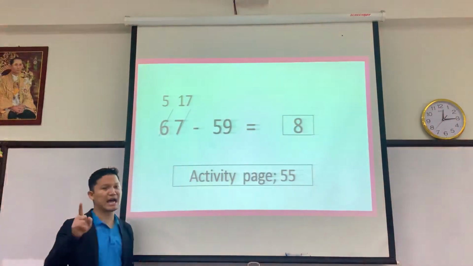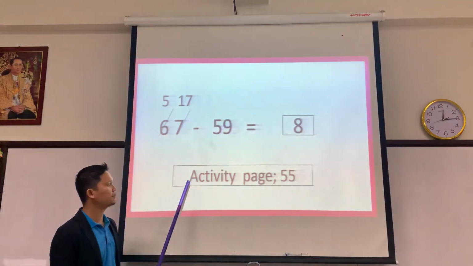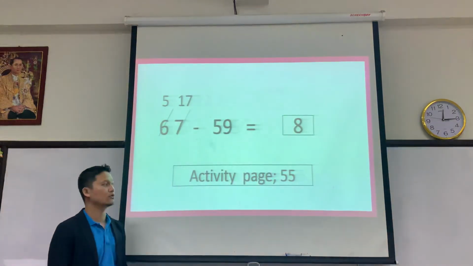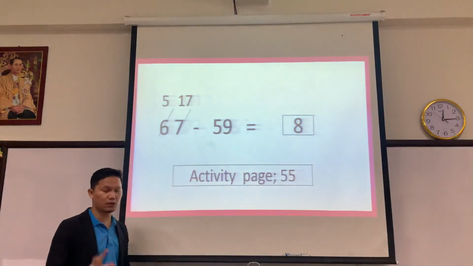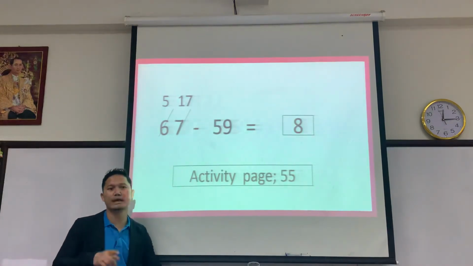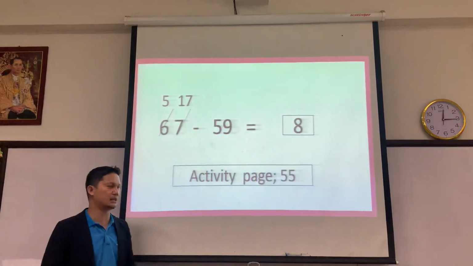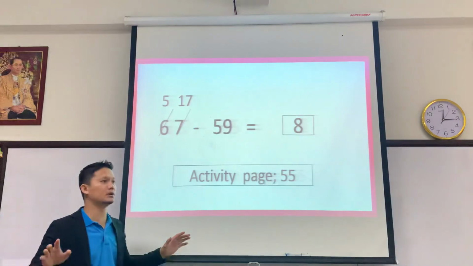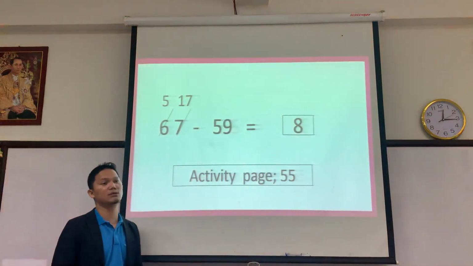For your activity, you can open your book to page 55. There is only one page to do for the activity. I hope you get what we learned today. We just practiced basic, simple subtracting of numbers.